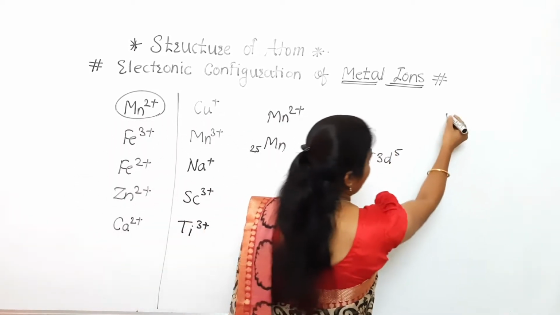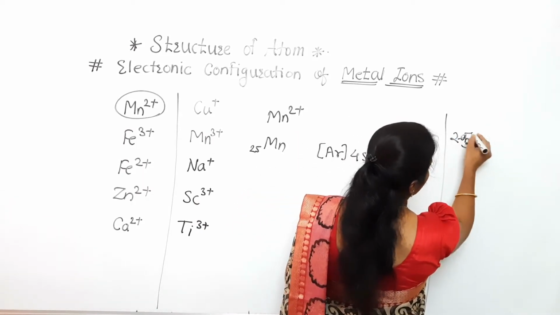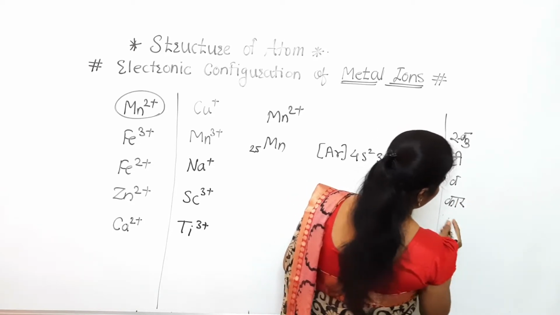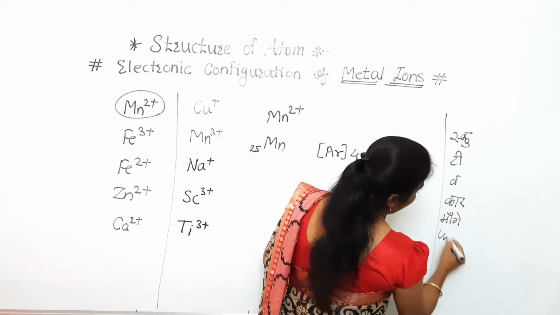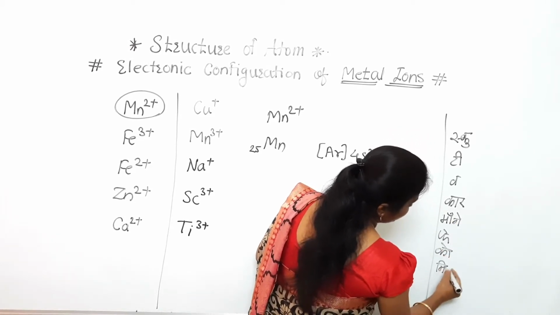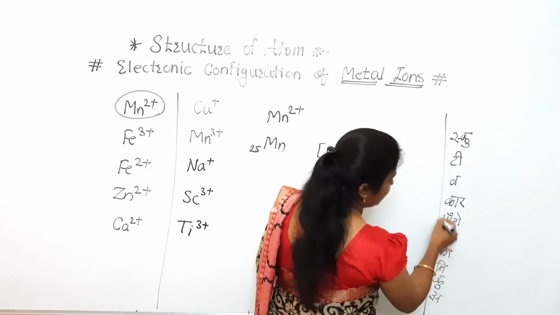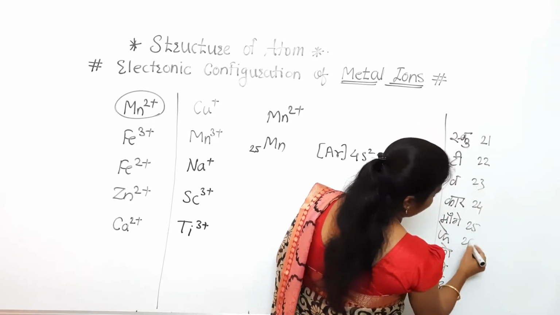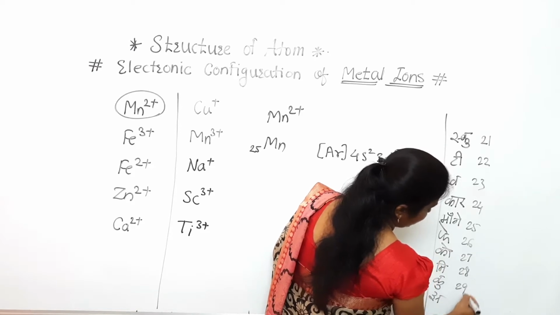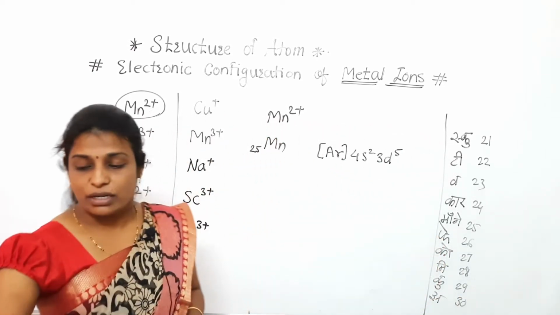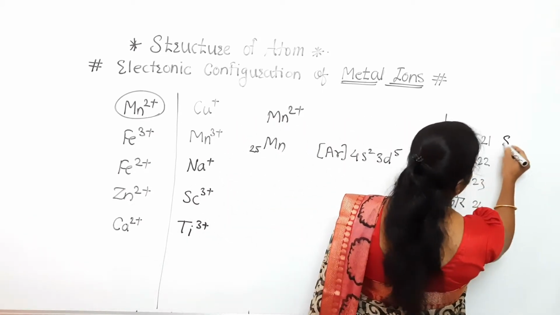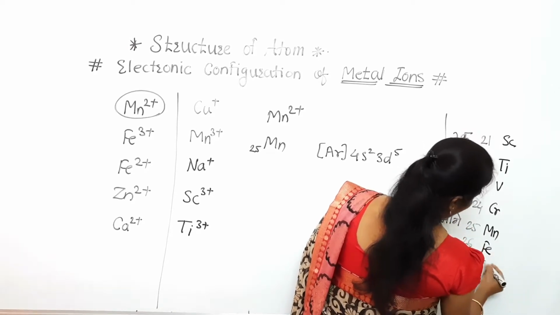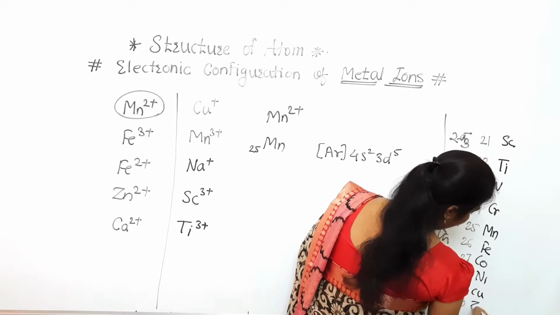Otherwise you can do one thing also: here you can write the mnemonic. The elements are 21, 22, 23, 24, 25, 26, 27, 28, 29 and 30, and the element symbols are Sc, Ti, V, Cr, Mn, Fe, Co, Ni, Cu and Zn.